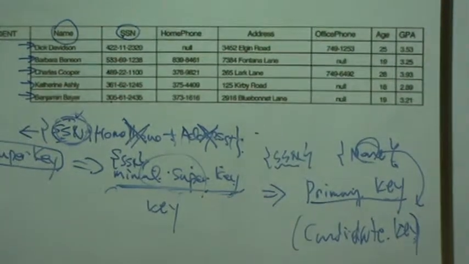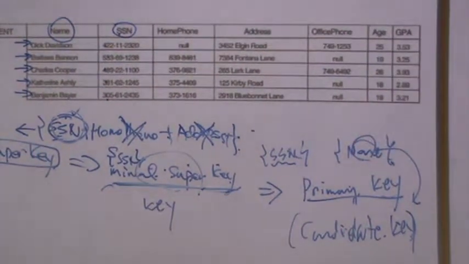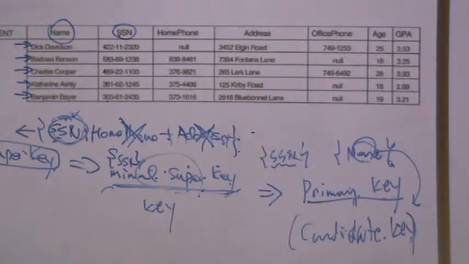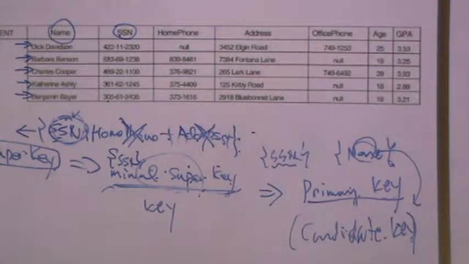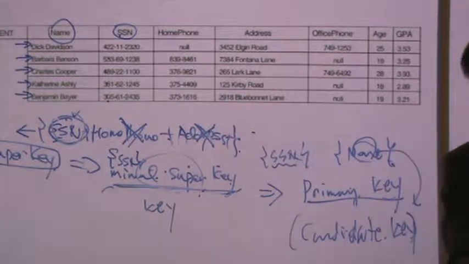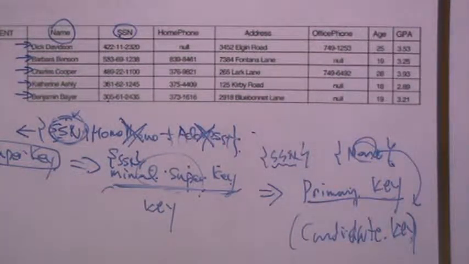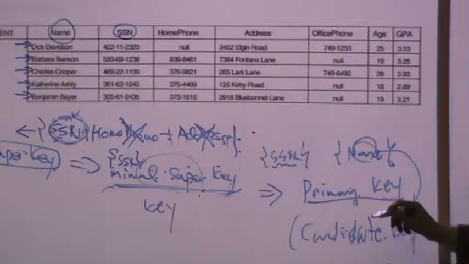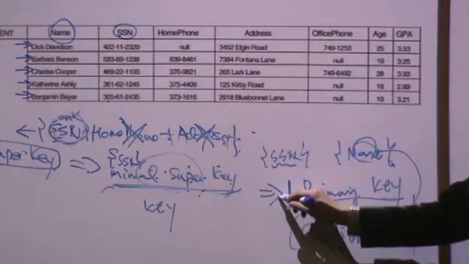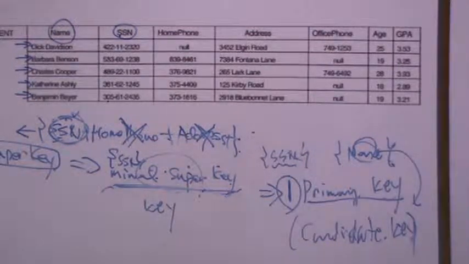So the key constraint in the relational model: each table, each relation, should have only one primary key. Is it possible to have a table without a primary key?